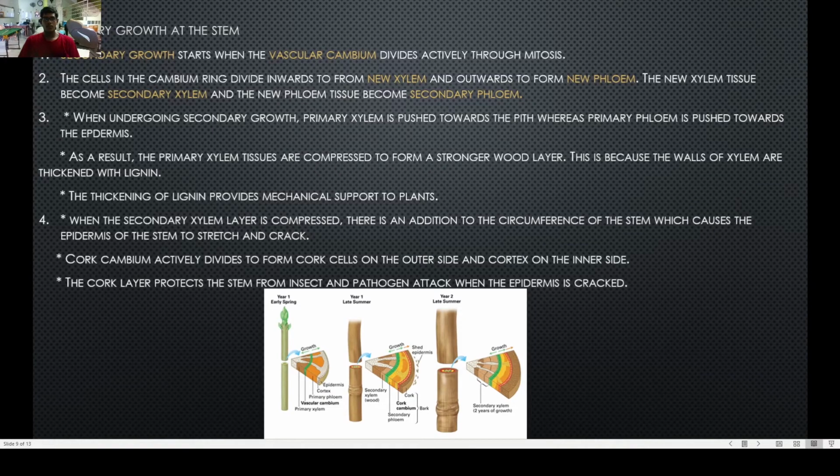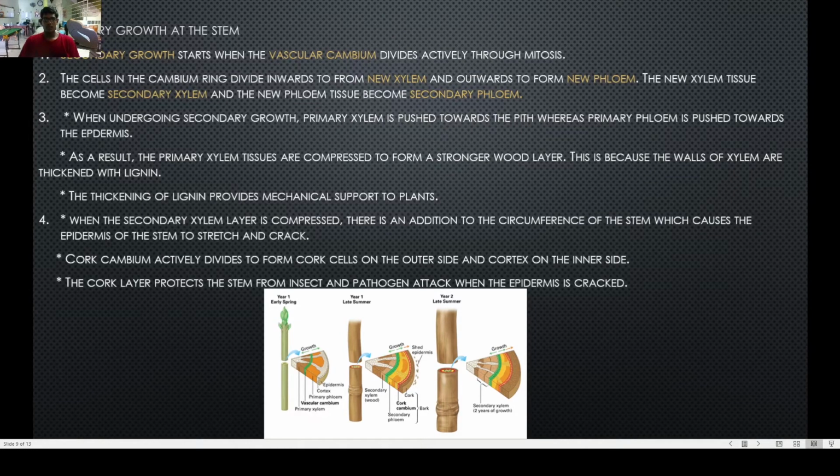In the cambium ring, cells divide inwards to form new xylem and outwards to form new phloem. The new xylem tissues become secondary xylem and the new phloem becomes secondary phloem. When undergoing secondary growth, primary xylem is pushed towards the pith, whereas primary phloem is pushed towards the epidermis.